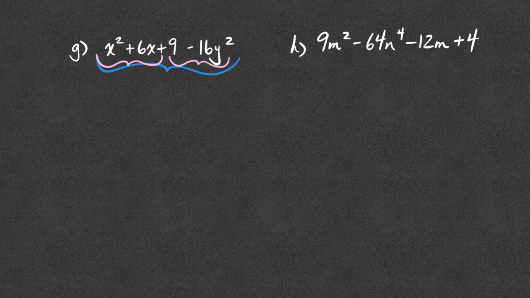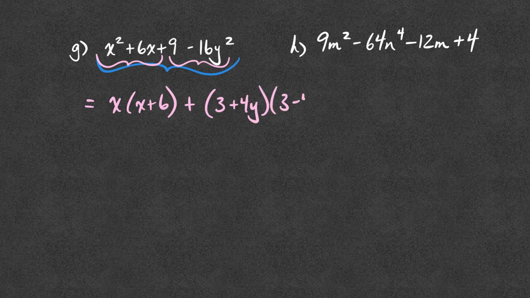Well, if I try to group the first 2, I could pull out a common factor of x. And if I try to group the last 2, hey, wait a second, that's a difference of squares. That's a 3 plus a 4y times a 3 minus a 4y. Hey, look, I was able to factor that.